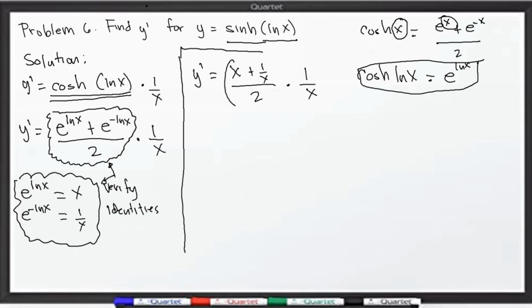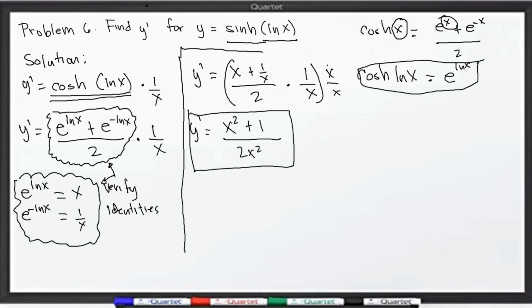So we multiply both the numerator and the denominator by x over x. So, tingnan nga po natin, y prime is equal to x squared plus 1 over 2x squared. So, ito po ang ating magiging final answer.